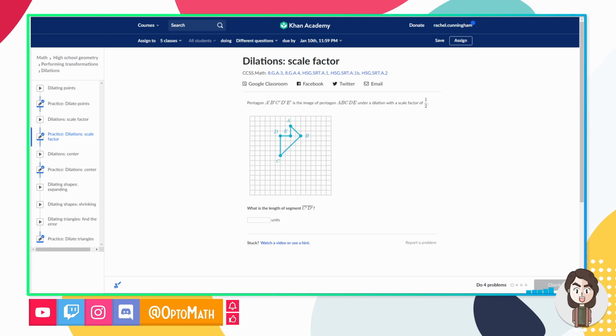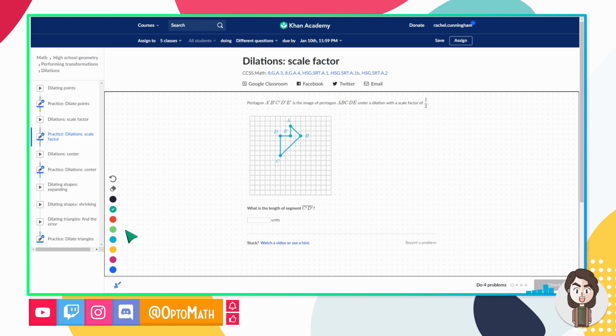Pentagon A prime, B prime, C prime, D prime, E prime is the image of pentagon A, B, C, D, E under a dilation with a scale factor of 1/2. Okay, so let's dissect that into what we know. This is the image.